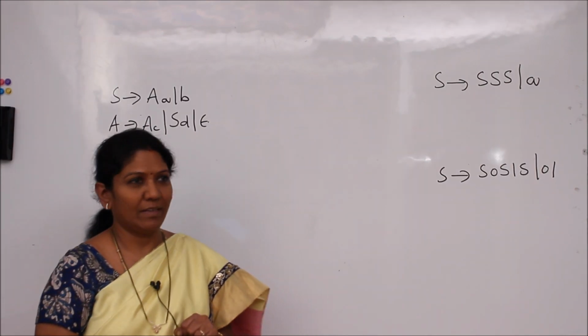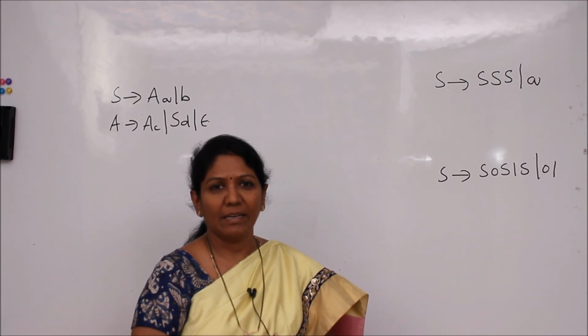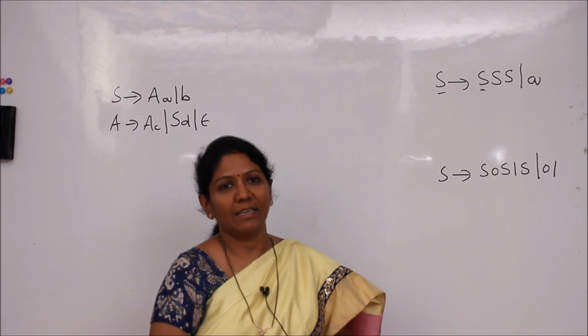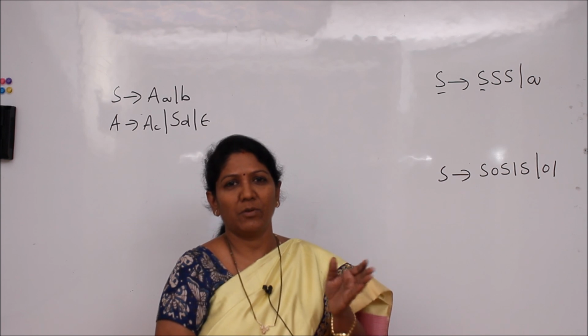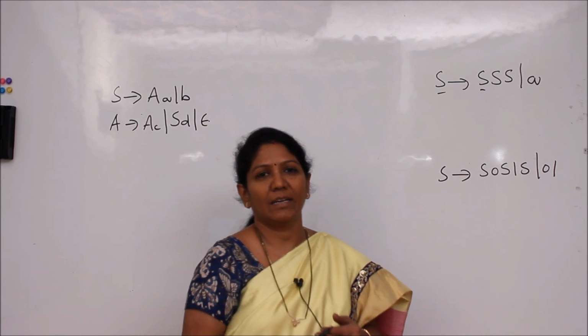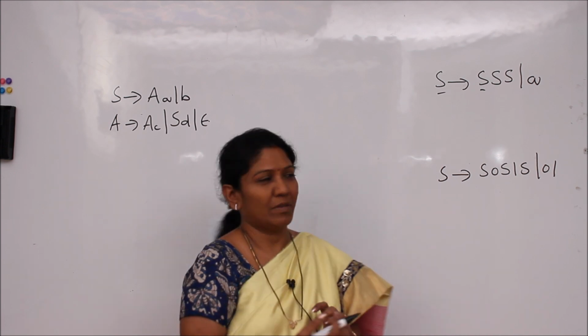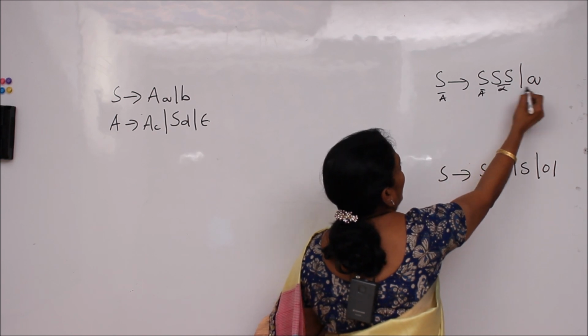Let's look at one more example. S to S a | b. Is there any left recursion? Yes, because these two non-terminals are the same, there is a left recursion. How do you eliminate it? Use the same formula. Whenever there is A to A alpha | beta, rewrite it as A to beta A' and A' to alpha A' or epsilon. So if I use the same thing, this is alpha and this is beta.